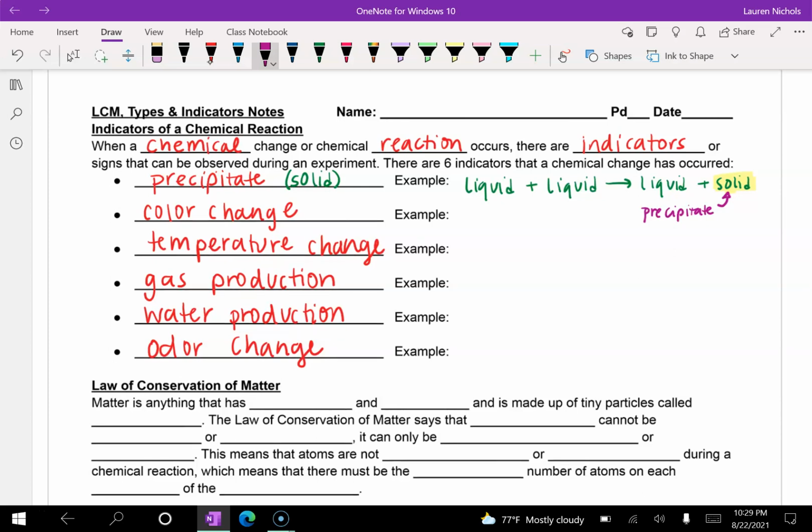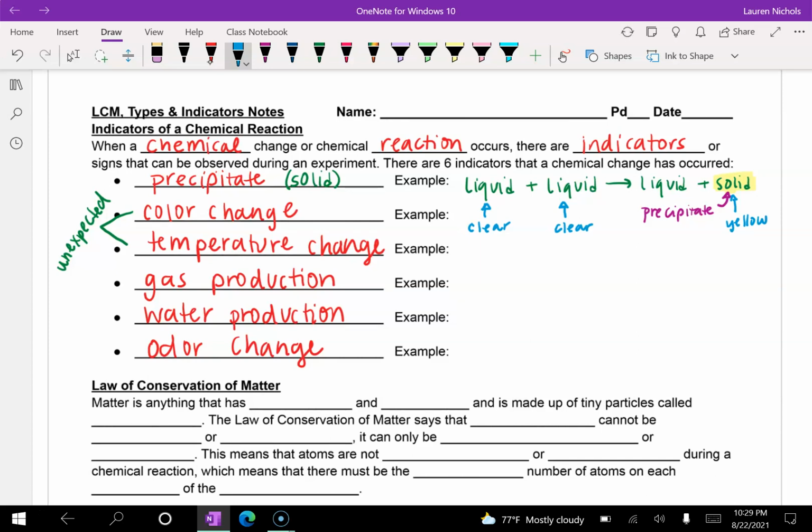Now, for a color change and for temperature change, the key thing for both of these is that they are unexpected. For example, if liquid 1 is clear and liquid 2 is also clear, and I combine them and my solid is now all of a sudden yellow, that would be really unexpected.